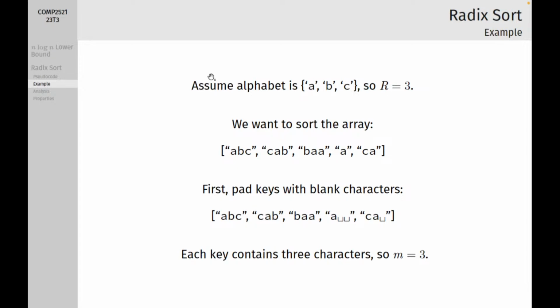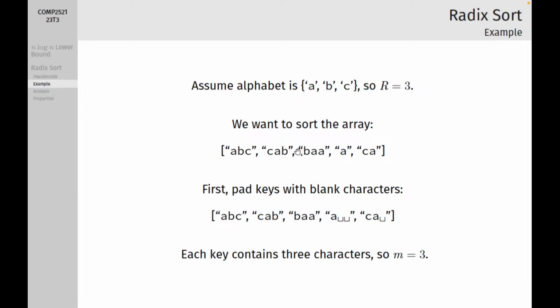All right, so here's the example. Suppose the alphabet is just A, B, C. Because this is an example, I don't want to draw too many buckets in the diagram. So we have 3 letters A, B, C, so our radix R is 3, and we want to sort this array.